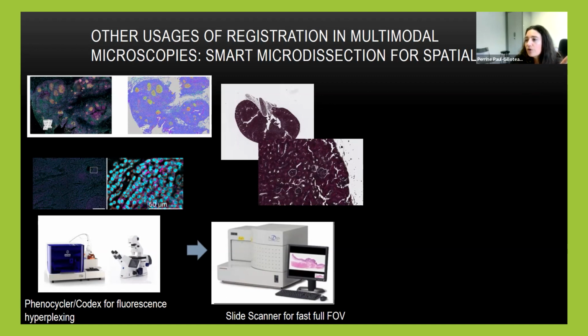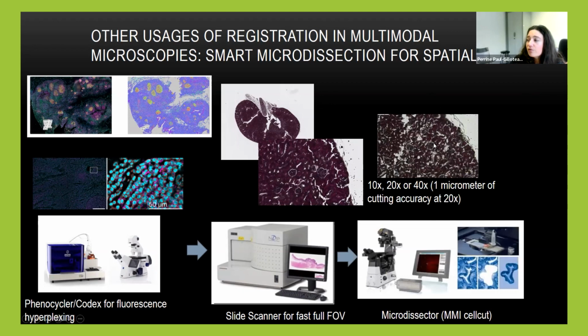And we thought that one of them could be to use microdissection. The idea of the workflow we have been constructing is to go from this slide to the slide scanner, in order to get something very similar to the image that we can get from the microdissector, which is not a quality microscope, not so good in terms of image quality.